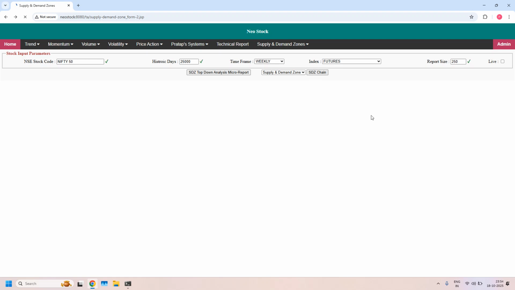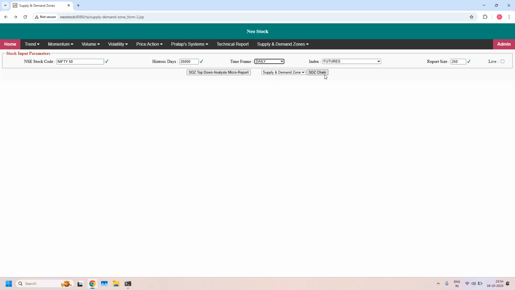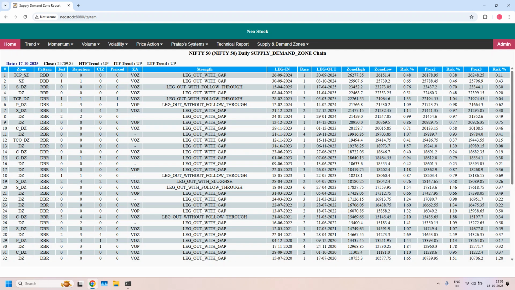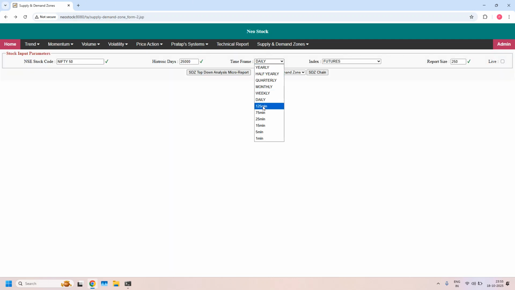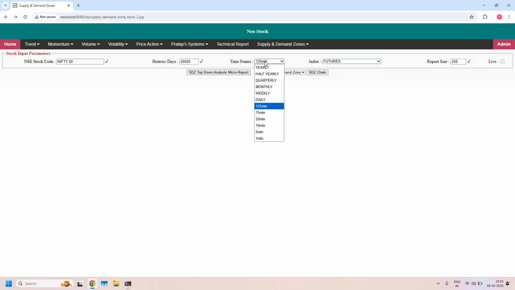Generating weekly supply demand zone chain for Nifty. Next, generating daily supply demand zone chain for Nifty. Next, generating 125 minutes supply demand zone chain for Nifty. Next, generating 75 minutes supply demand zone chain for Nifty.